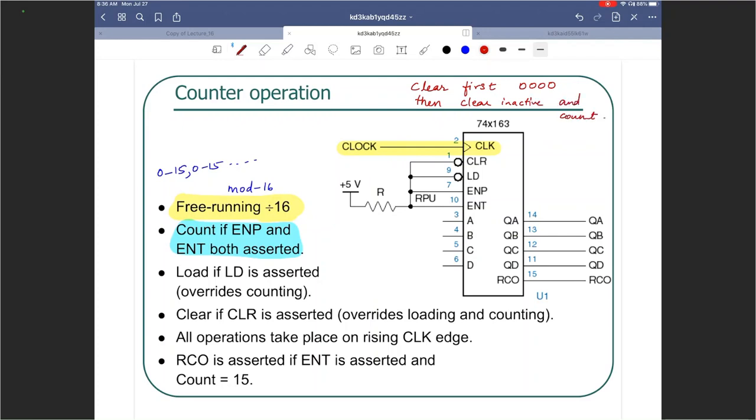You guys see that? So instead of connecting it to high, you connect it to low first, maybe using a binary switch, you can control clear. Connect that to 0 first so that your outputs go to 0, all of them, and then you make clear input inactive and then let it count.